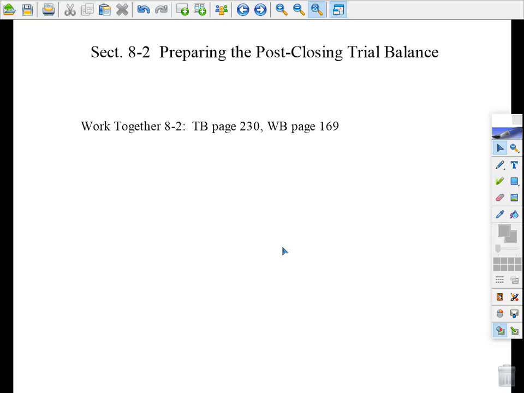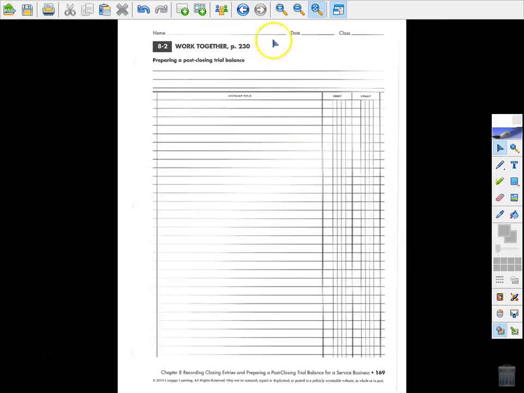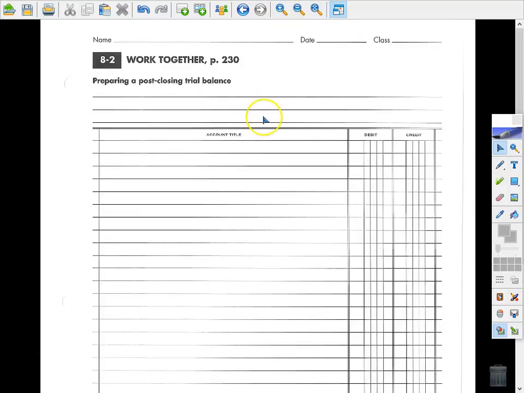Okay, so if you'll turn to 169 in your workbook, and 230 in your textbook, I'm just going to walk through an example with you of preparing the post-closing trial balance. All right, and this business is Fix It Now.